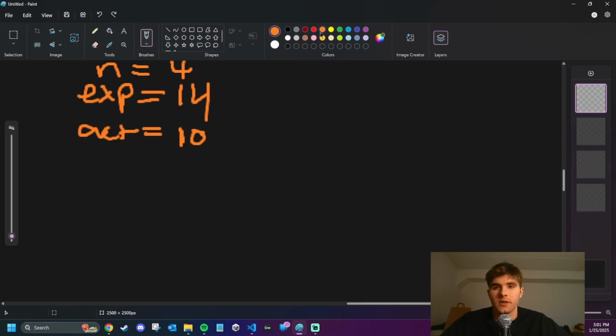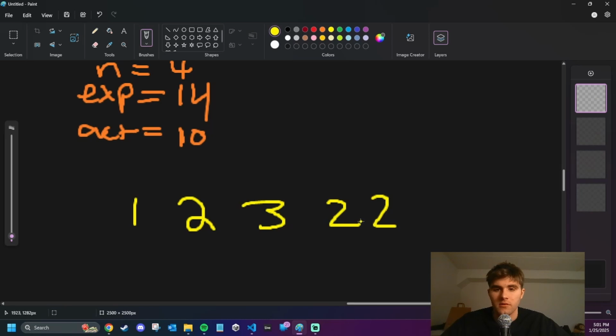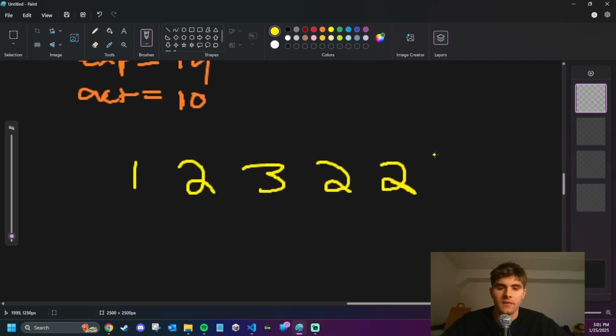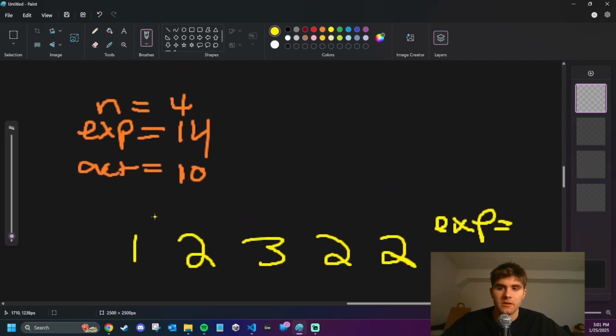But where it gets tricky is when you have more duplicates.